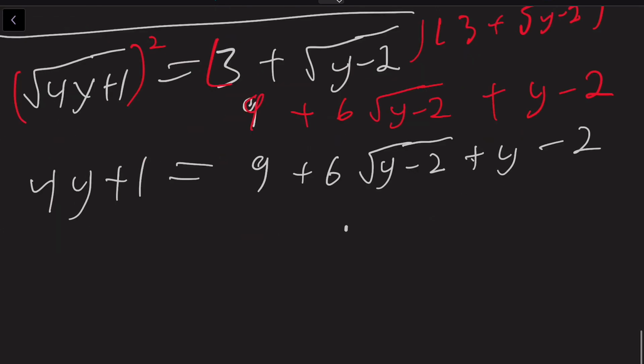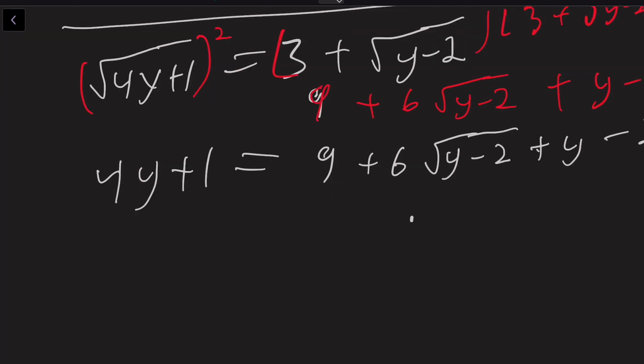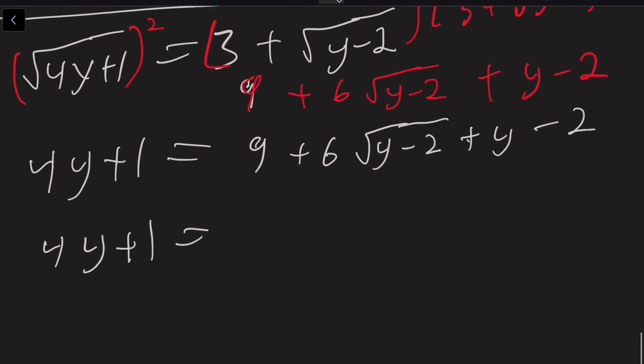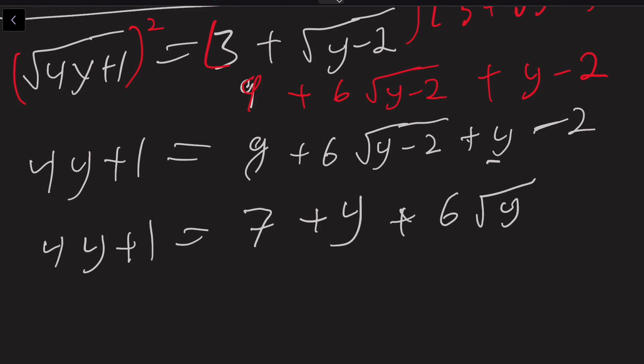Now what I want to do is combine everything that's similar, or your like terms. We're going to stay on the left side and do 4y plus 1 because we don't have any like terms on the left. On the right, we're going to have 9 minus 2 is 7 plus y plus 6 square root of y minus 2.